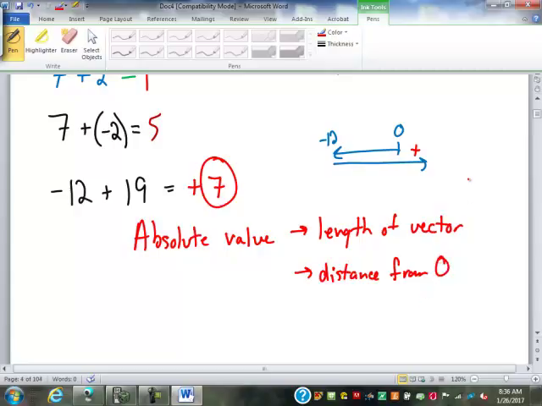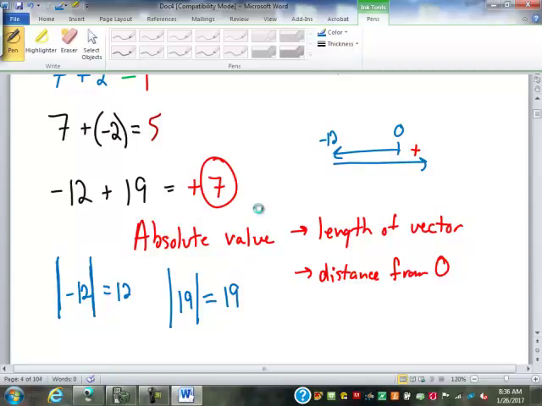They both give the same result. The absolute value of negative 12, well, how long is the vector for negative 12? 12 units long. Negative 12 is 12 units from 0. The symbol for absolute value, by the way, is these vertical lines. So the absolute value of 19 is 19.